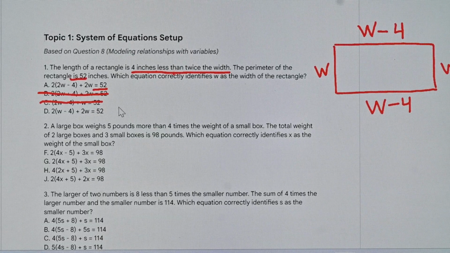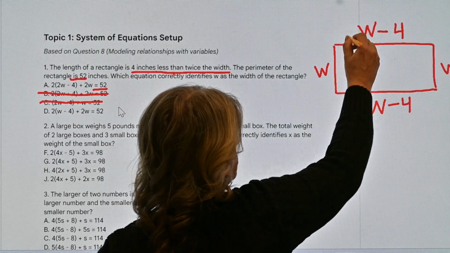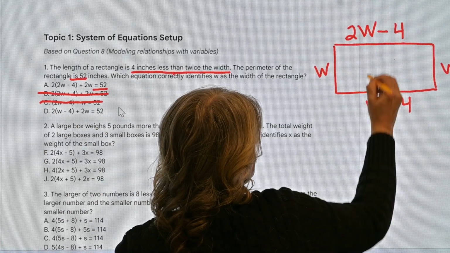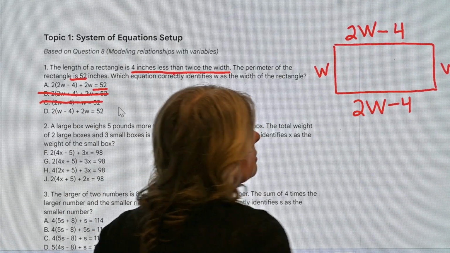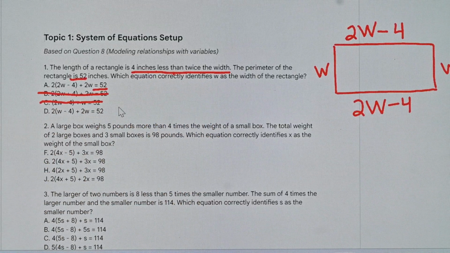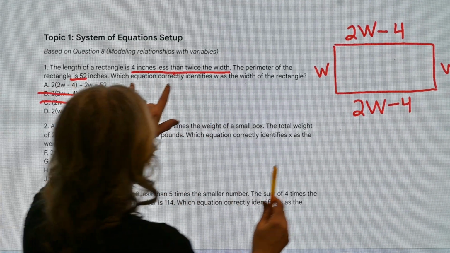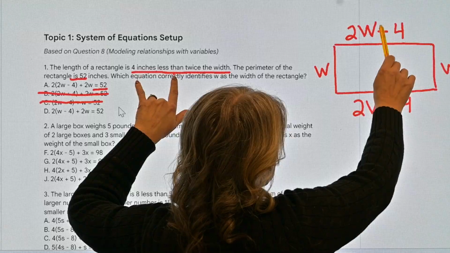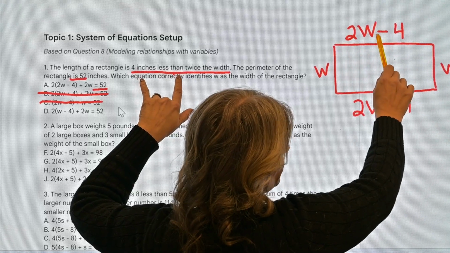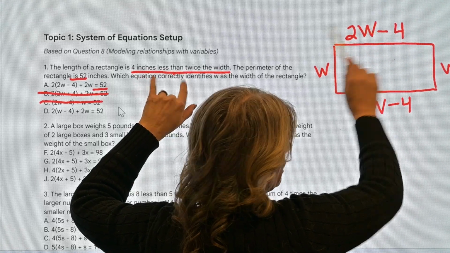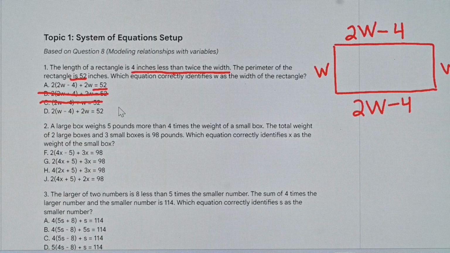The length of a rectangle is 4 inches less than twice the width. Do you think this should have a 2W in front? So 4 inches less than twice the width. And then the perimeter is 52.